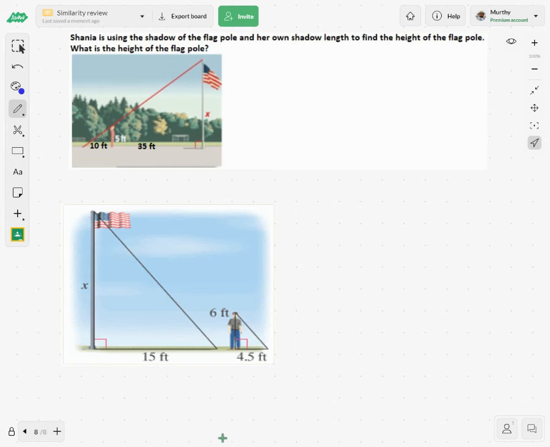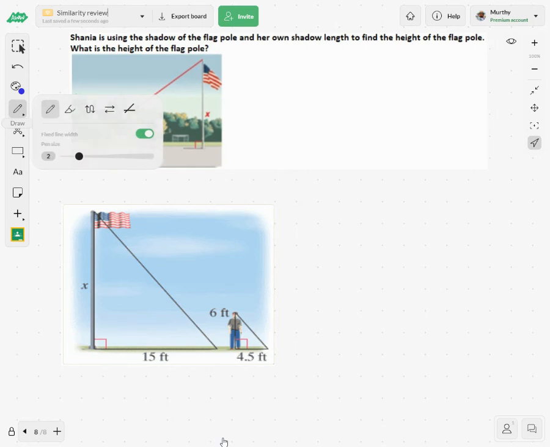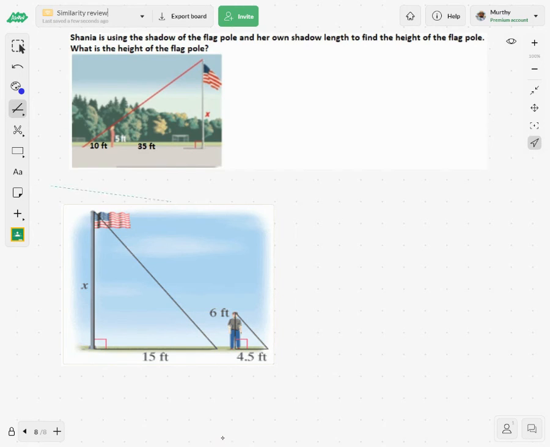Okay, now let's look at these two questions. These two questions seem to be the same, but in one question you are getting the correct answer and in the other question you are not getting the correct answer. Let's see why. What's the difference between these two? So let me label these.